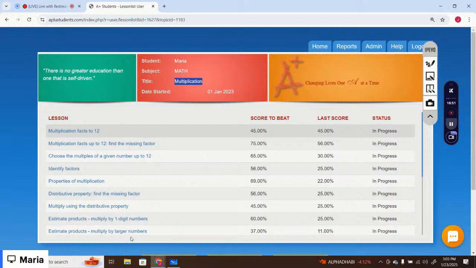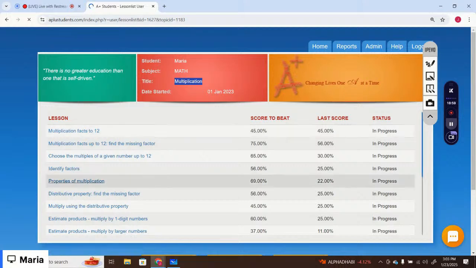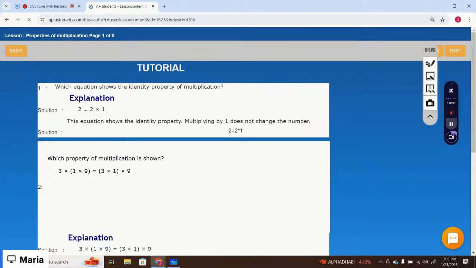So please make sure you have your notebook and pencil so that you can note down the important examples and definitions as well. Let's just start with the lesson that is properties of multiplication. Properties of multiplication are very important, right? So please focus on the lesson.